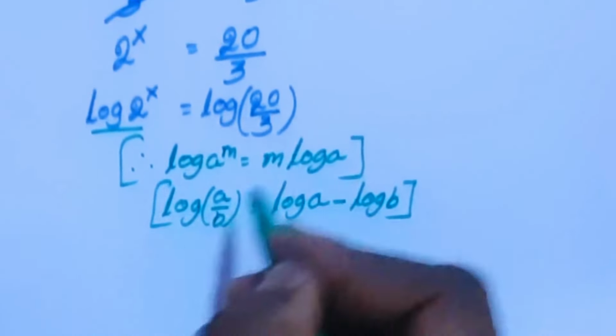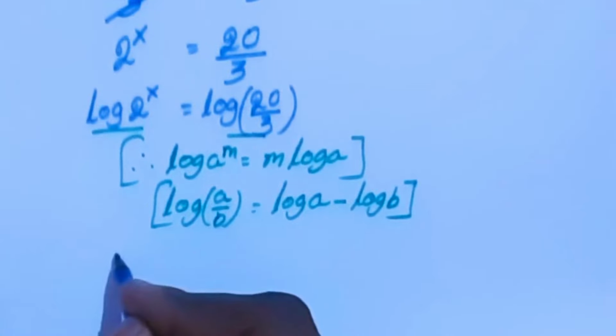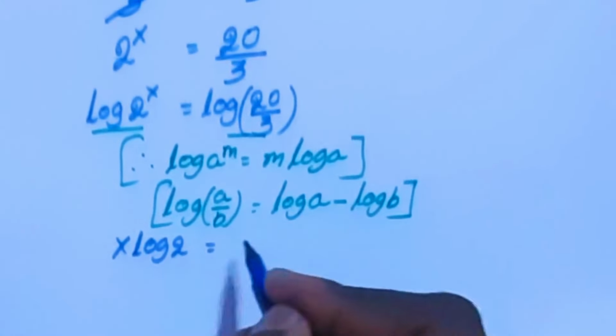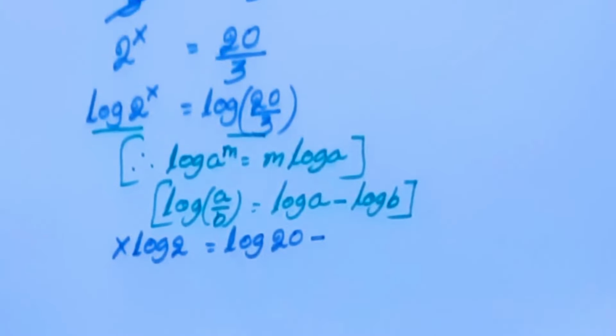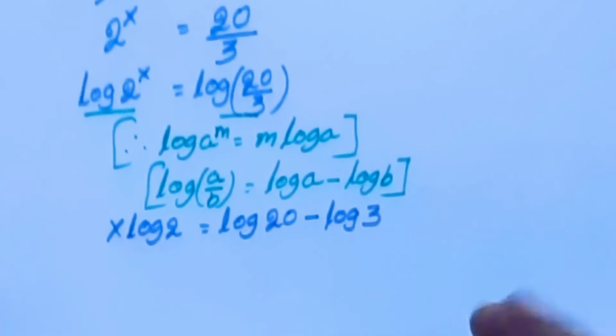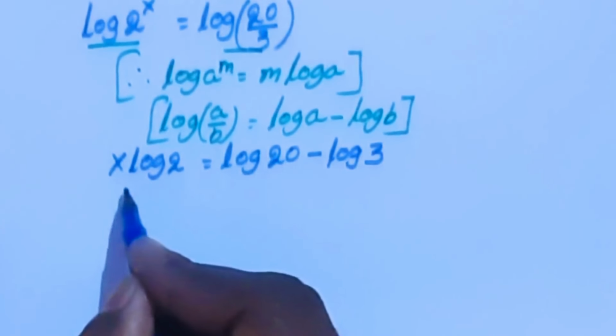This formula we are going to apply here. So x log 2 equal to log 20 minus log 3. Now we are going to divide by log 2 on both sides.